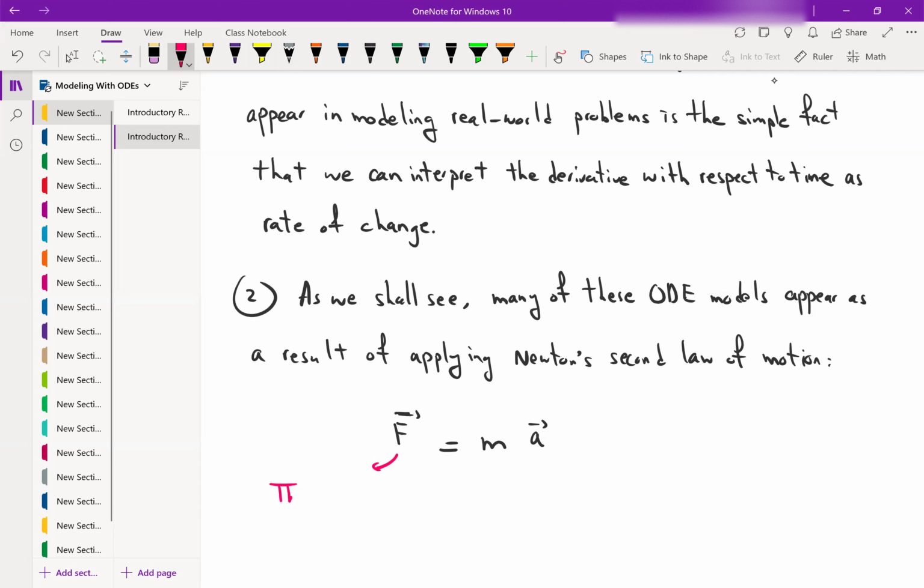The net force exerted on the body, applied to the body of interest, to the particle in whose path, whose trajectory is of interest to you. M is the mass, and obviously A is the acceleration, the second derivative of the position.